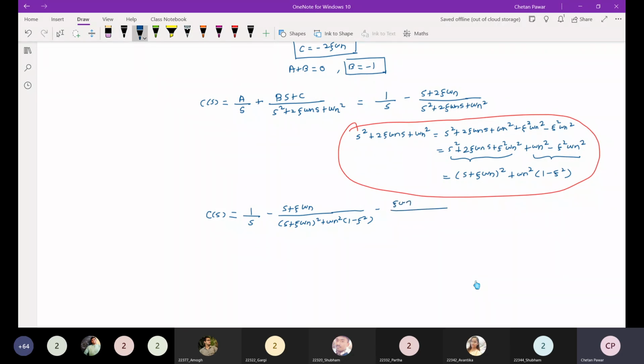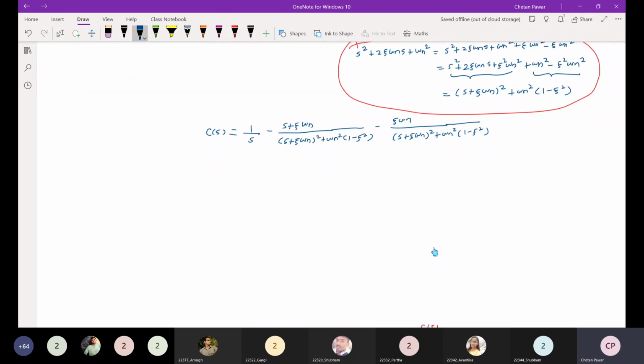What adjustment do we do again? I will divide by this term and multiply by this term. Do some adjustments.